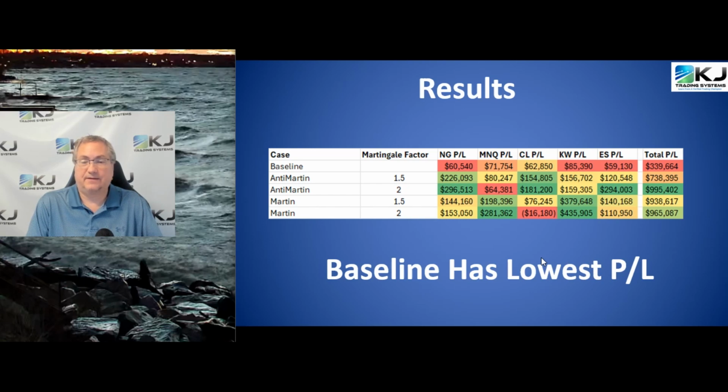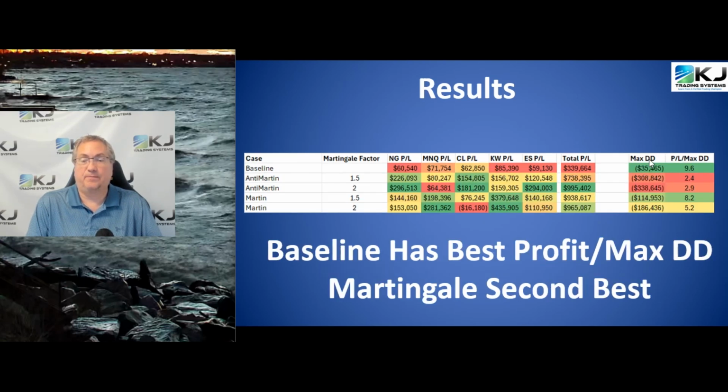So that's the profit. Here's max drawdown and the profit and loss divided by the max drawdown. Well, now you see the anti-Martingale, even though it's the best with total profit and loss, it's the worst as far as drawdown. It had the highest drawdowns. And the best overall for this ratio of profit and loss to max drawdown was actually the baseline case.